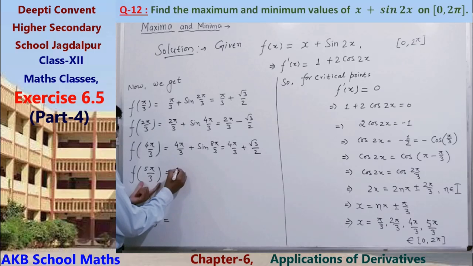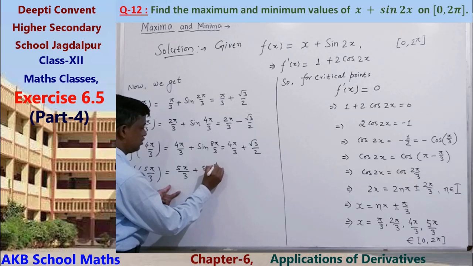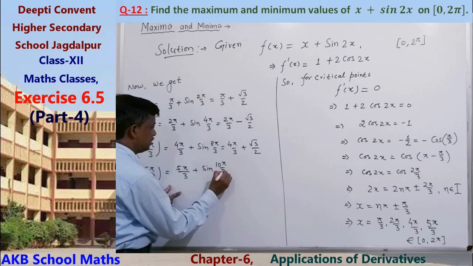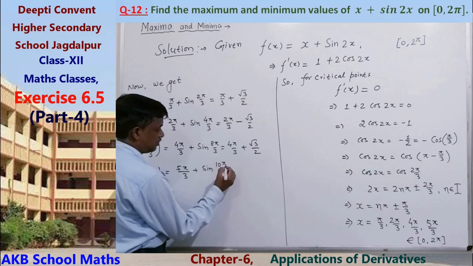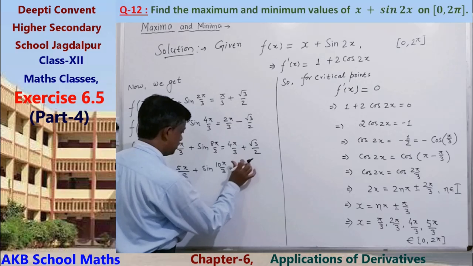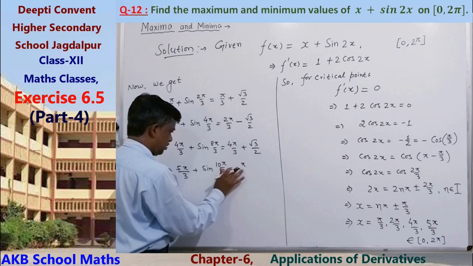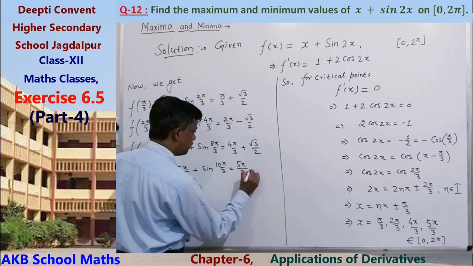Similarly, here 5 pi by 3 plus sine of 2 times 5 pi by 3, that is sine 10 pi by 3, so 5 pi by 3 minus root 3 by 2.